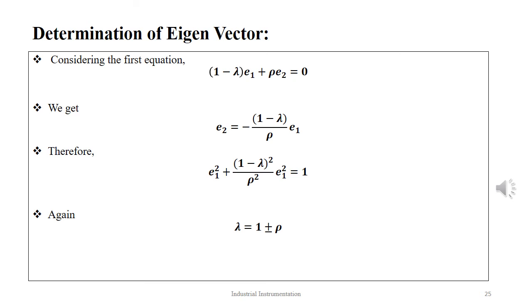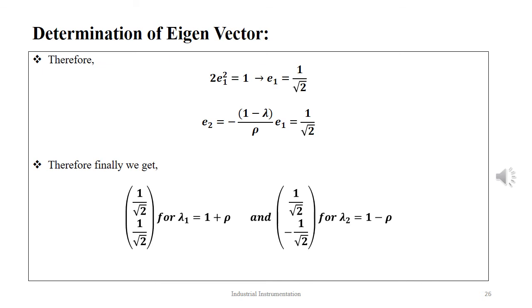Therefore, e1 square plus 1 minus lambda whole square by row square e1 square equal to 1. Again, lambda equal to 1 plus minus row from the previous solution.